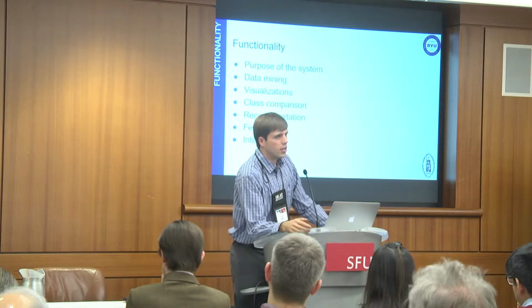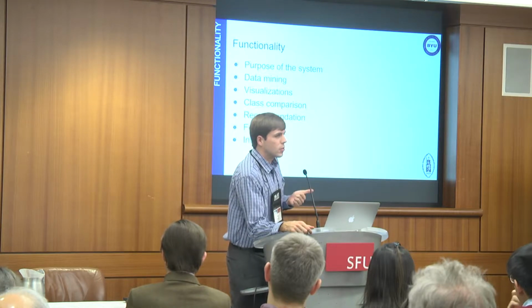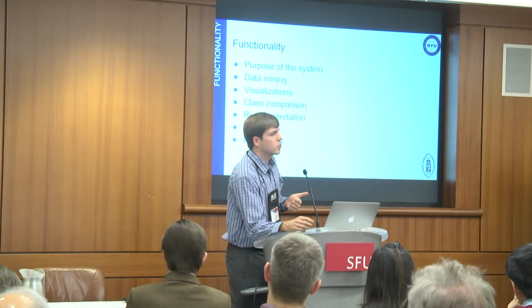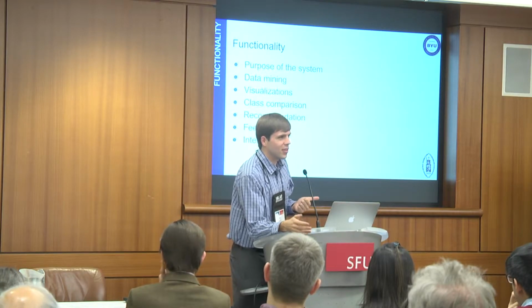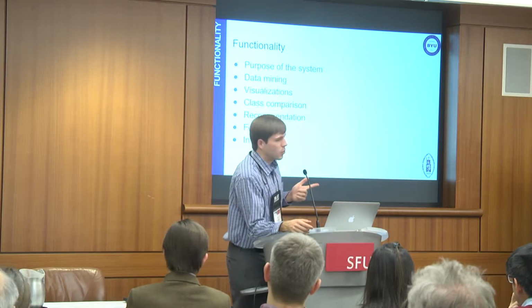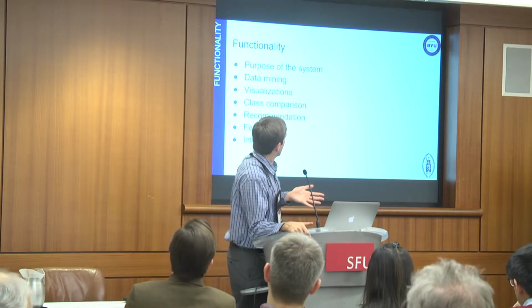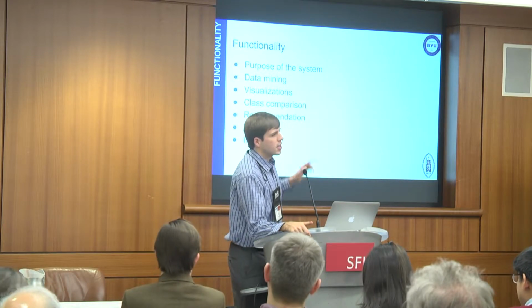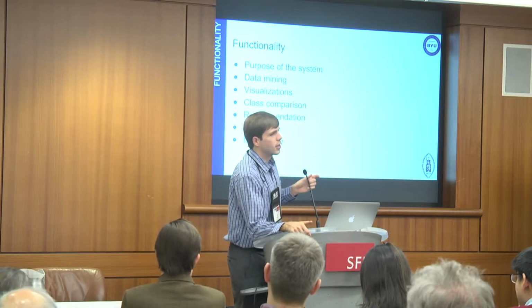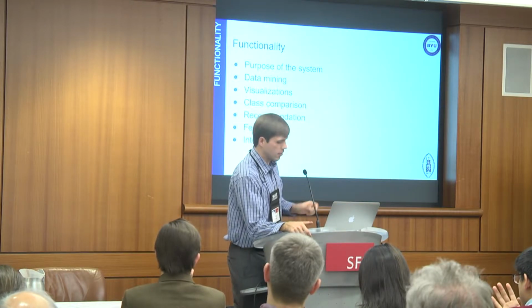Within the functionality category, we tagged each system based on whether it discussed the purpose of the system, which was all of the articles, because it would be hard to talk about a system without talking about its purpose. Whether it included data mining, visualizations, class comparison, recommendations, feedback, or some interactivity component. Each of these will be further defined for specifically what we were looking at in our review.